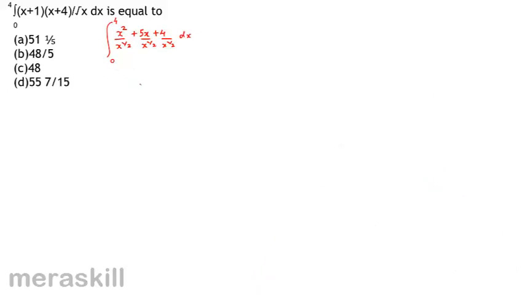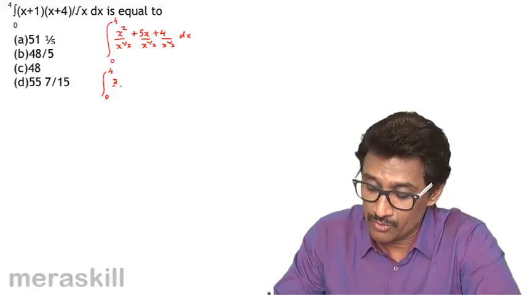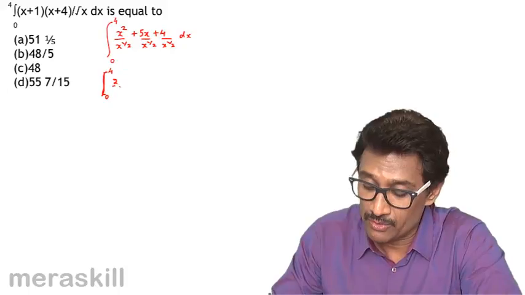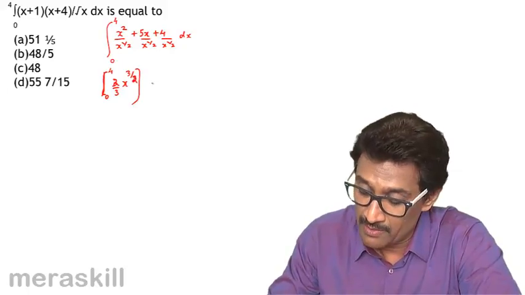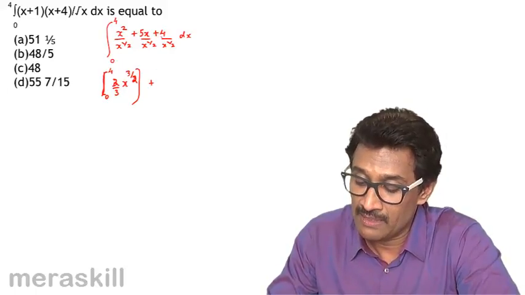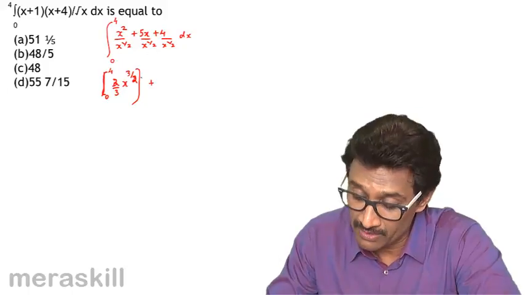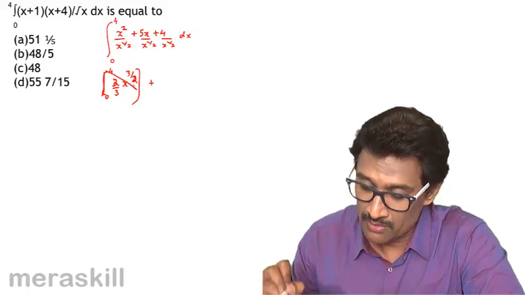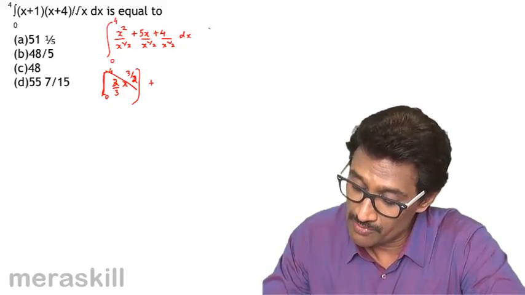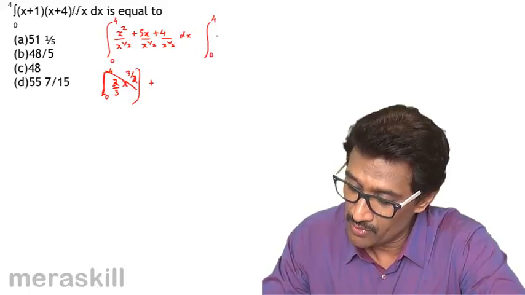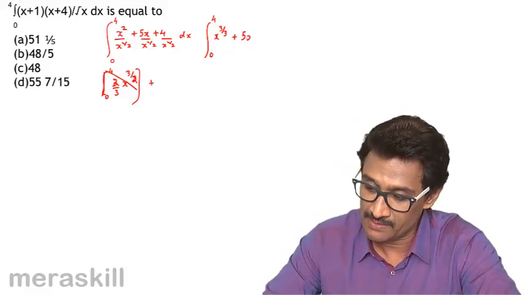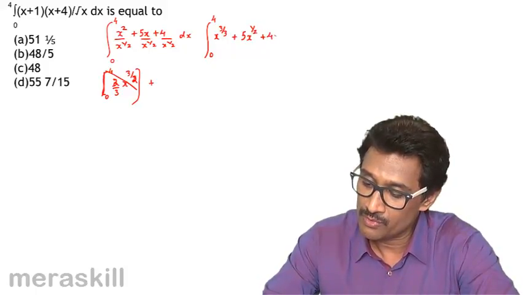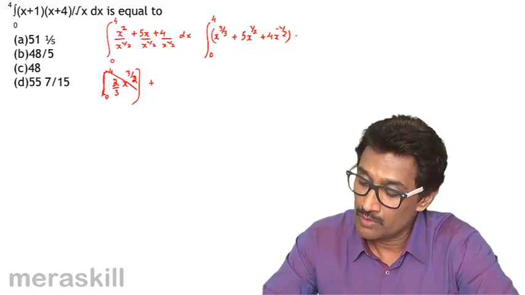So let's simplify this: from 0 to 4, x raised to 2 minus half, that is 3 by 2, then 5x raised to 1 minus half, that is half itself, plus 4 into x raised to minus half, the whole dx.